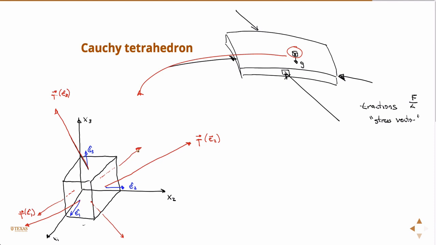So I'm going to do one last thing with this plot, and that is I'm going to take my cube and slice it on a diagonal. So I'm going to slice it like this, right along the diagonal.